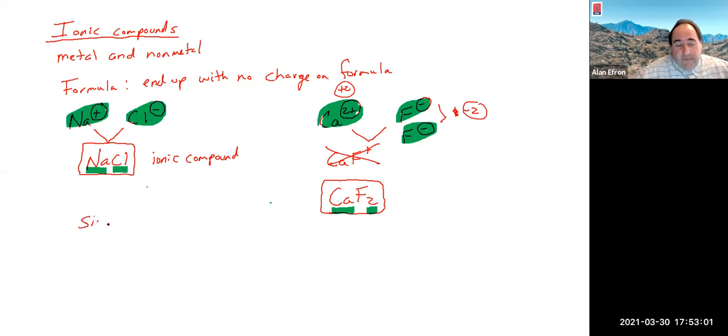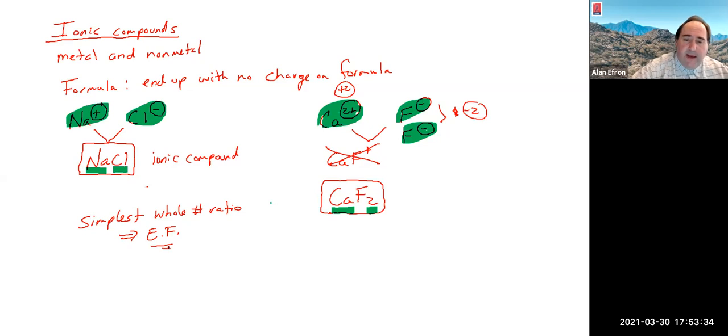That may sound familiar from what we were just talking about at the very beginning. That means that this is really an empirical formula. So ionic compounds are essentially empirical formulas because when we put them together in the simplest whole number ratios, that will essentially give us no charge. Any questions on that there?